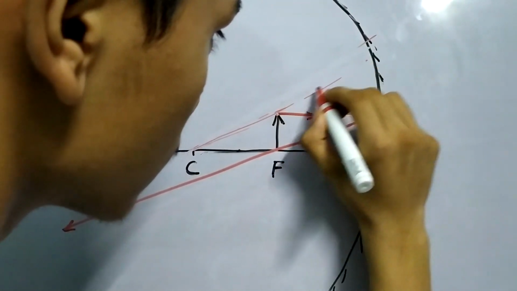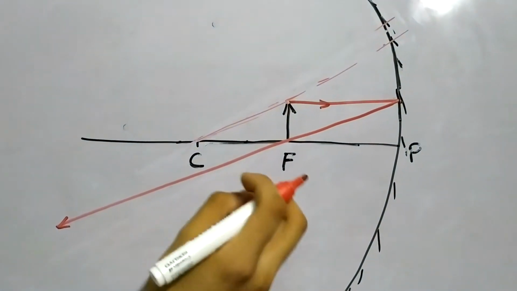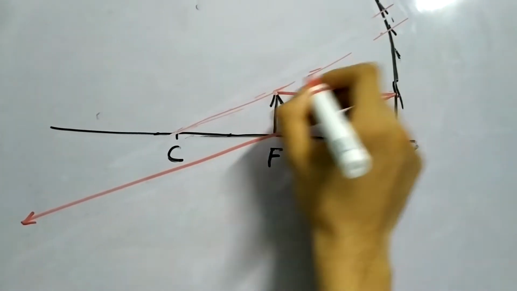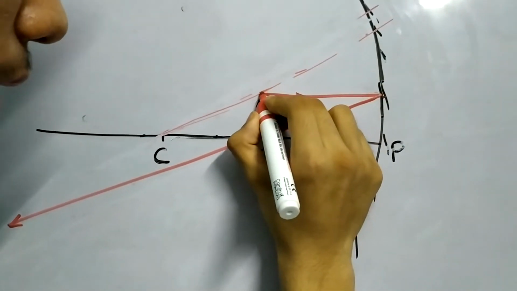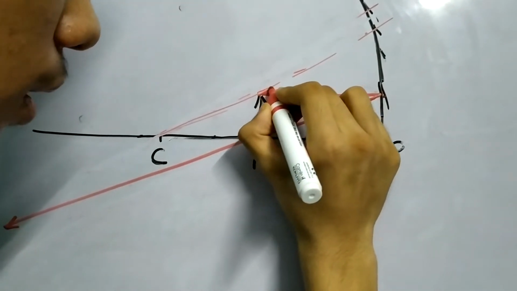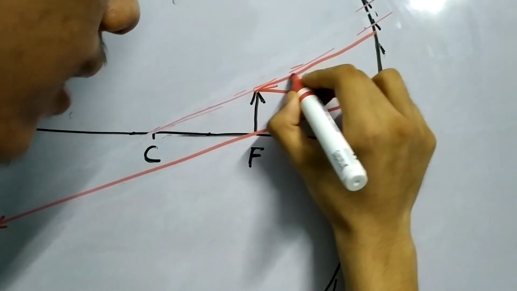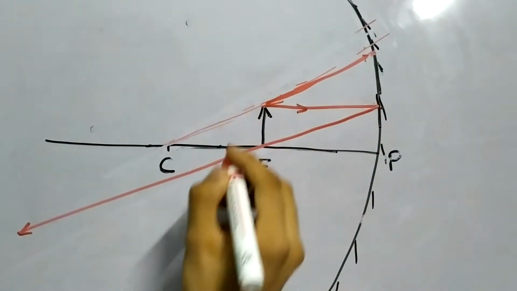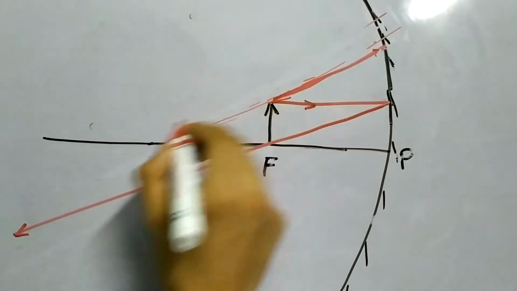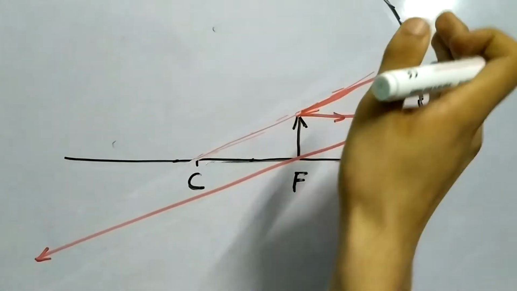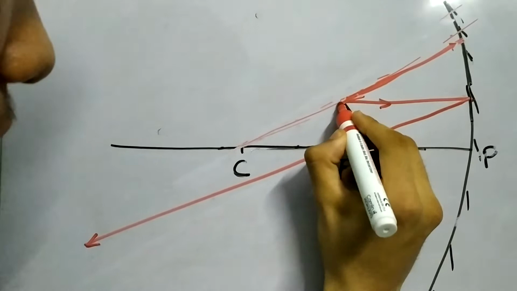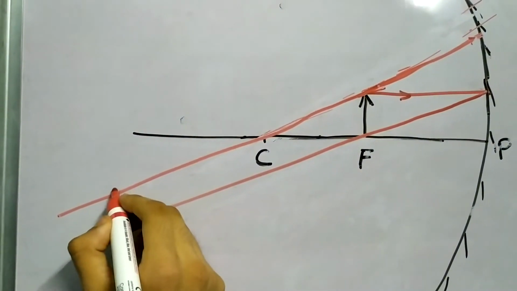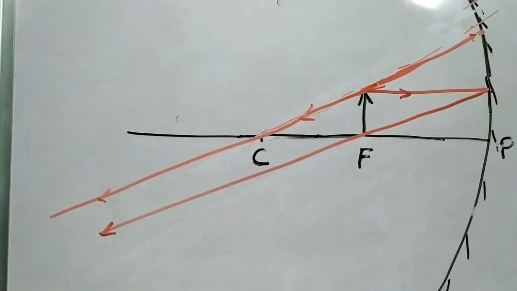So, if we consider object emitting light rays in this direction, somewhere like this, something like this, a bit straighter, then it will retrace its path. So the light will go there, reflect, retrace. That's what will happen through the center of curvature. Okay, and that's what happens.